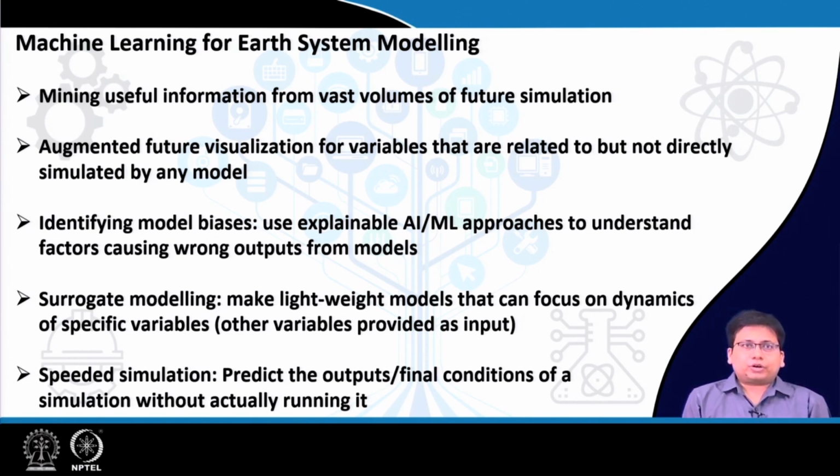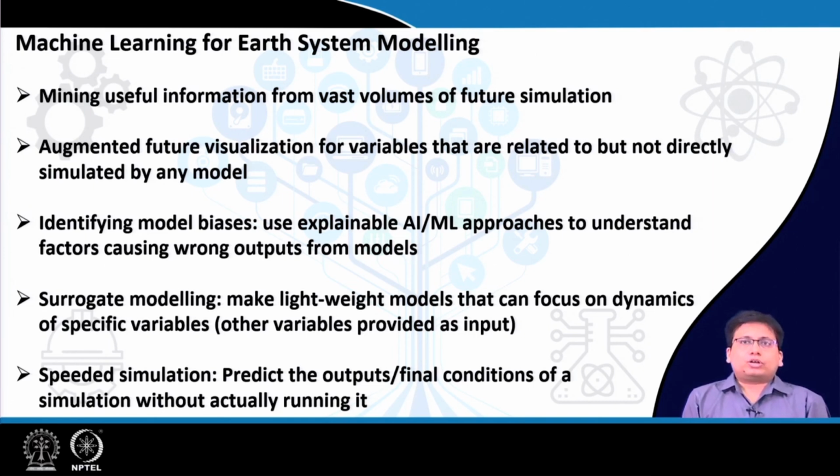Then one very important way in which machine learning can help is in developing surrogate models. So what are these surrogate models? We have already discussed that the process earth system models require very high computation power and time.